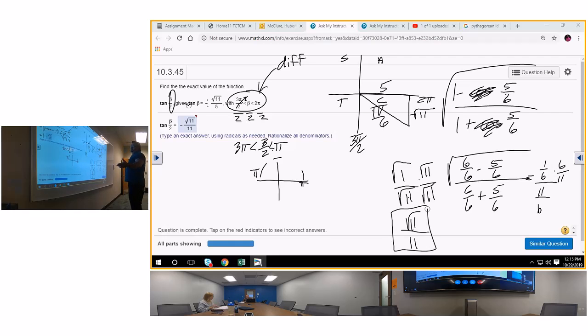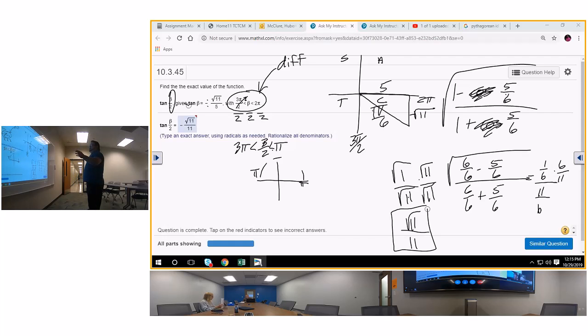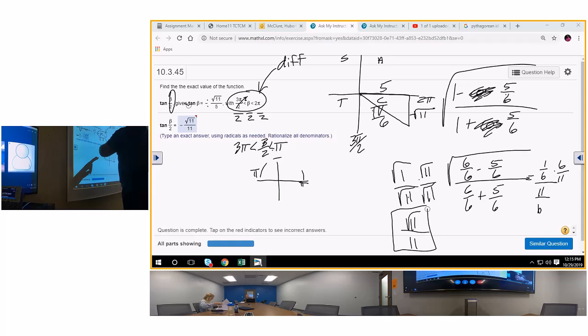And what quadrant is it in? Tangent, all students take. See, I think I've messed up here. Let's see. Theta over 2 is going to be between 3 pi over 2 and pi. All students take calculus. So in this case, it's going to be a negative.